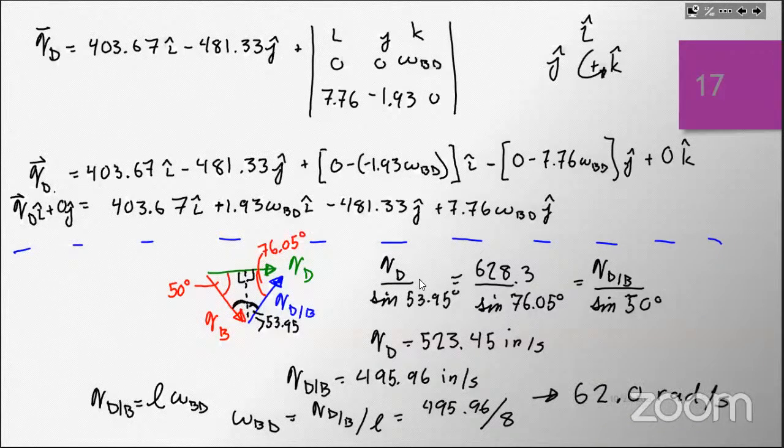So if you did this with the triangles, you're pretty close, right? What's the downside of doing it with the triangles? Is you got to do all the geometry to get the angles, right? Whatever you're more comfortable with, that's the best way to do it.